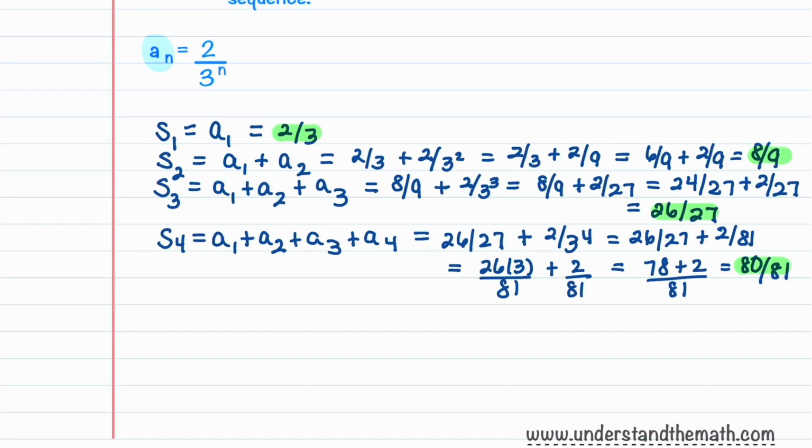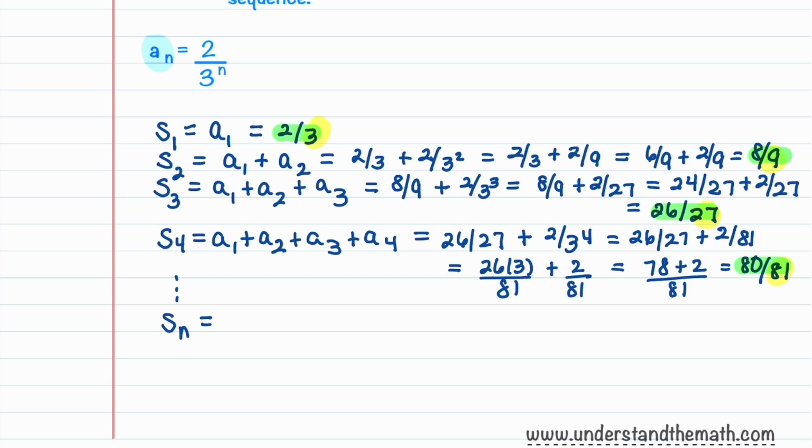Now what we have to do is find a pattern and find S sub n. When I look at the numbers that we have highlighted in green, I see a pattern for the denominators. That's 3, 9, 27, 81. Can you see that those numbers are powers of 3? The denominator of S1 is 3 to the 1. The denominator of S2 is 3 squared.